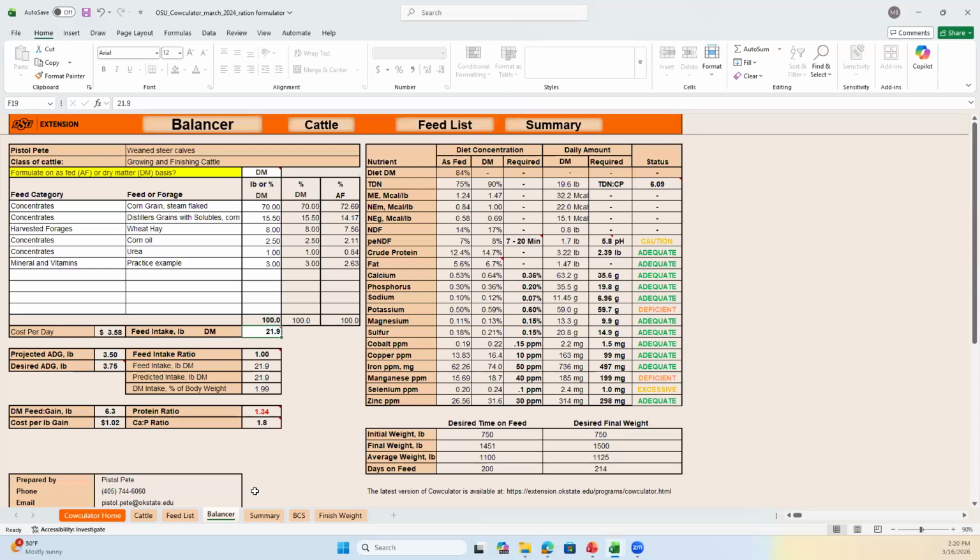My feed intake ratio is 1. And C to P ratio is above 1.5. Okay. I'm going to say that this is negligibly different in potassium. I don't feel like going back and redoing it for this manganese. So, any questions?